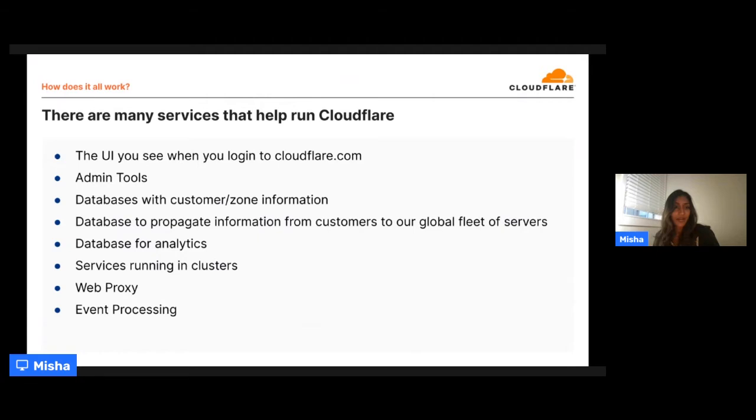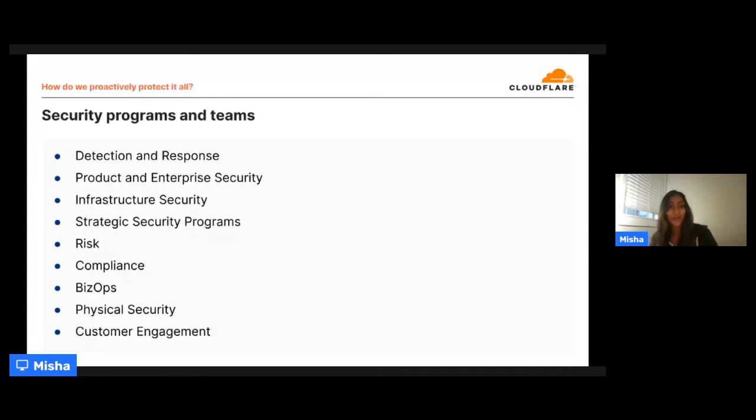We do this by having a wide range of responsibilities that span across all of these functions. But in order for us to be proactive about protecting these services effectively with engineering teams, to understand the risks that exist in our services or architecture, authentication changes, we need to really have a good relationship with them. And one of the ways we do that is through threat modeling.